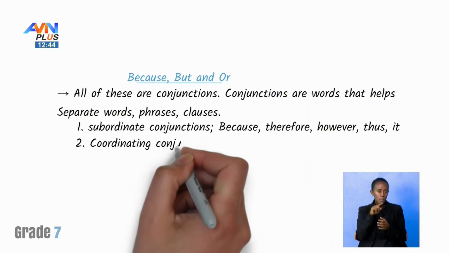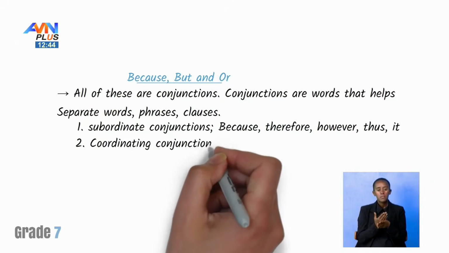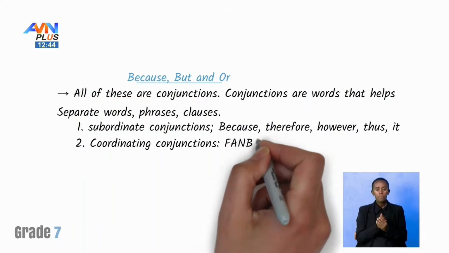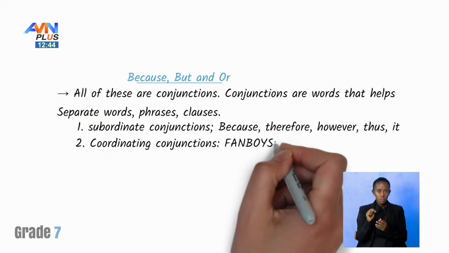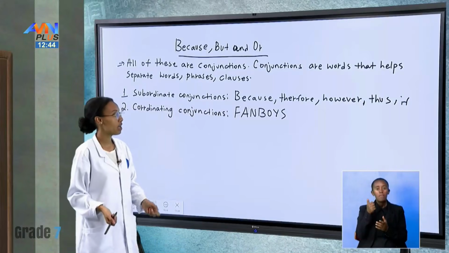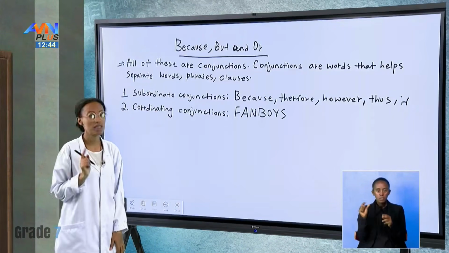Unlike the first one, this is a very limited set of conjunctions. They are famously known as fanboys. These are abbreviations, and two of them we're going to see today.